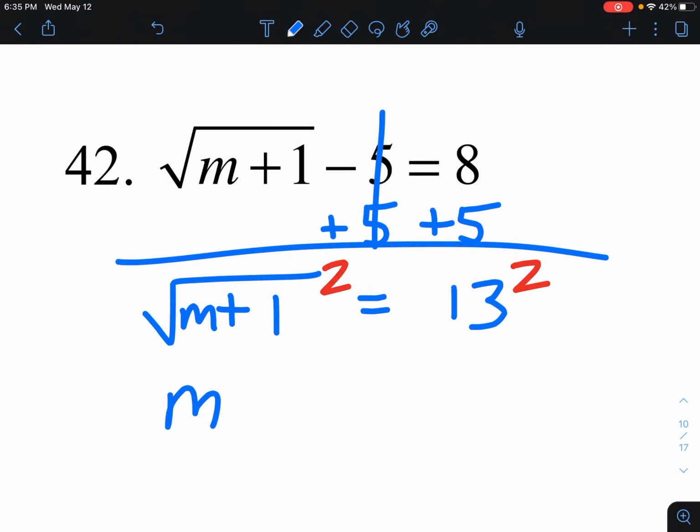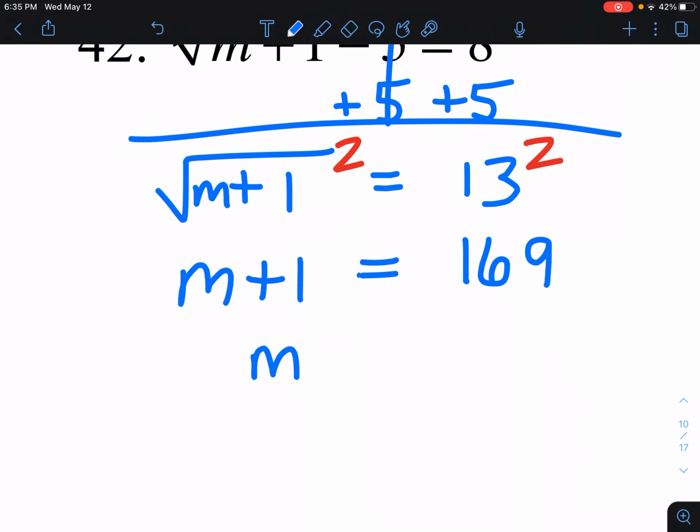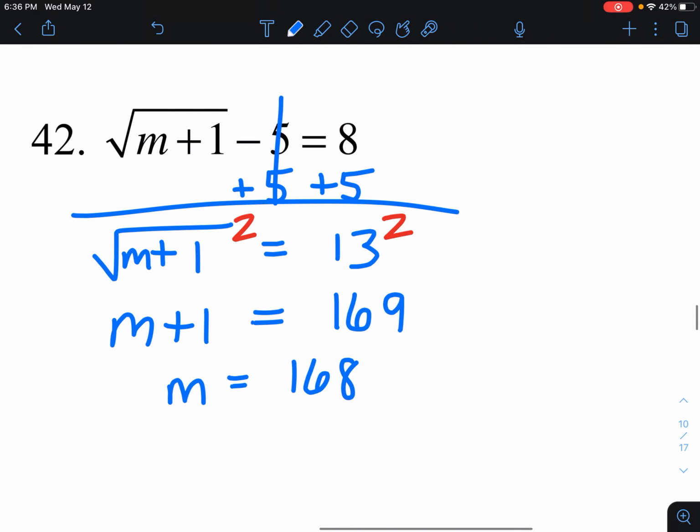Get rid of the radical on the left. And on the right, 13 squared is 169. And then subtract 1, 168. Easy stuff. Now the check. Checking 168.